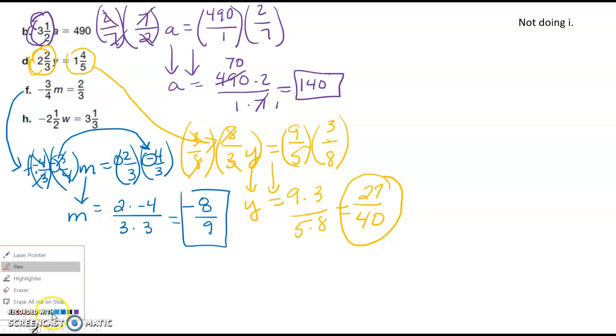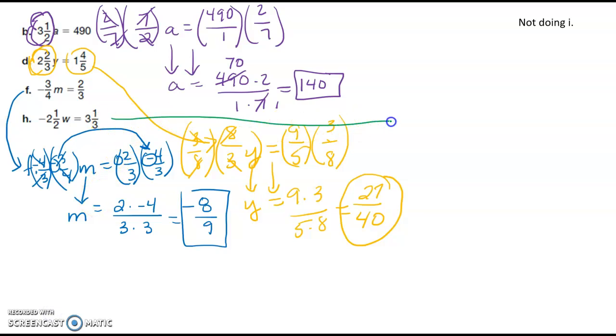Okay, let's do this last one. H. Let's go over here. Follow the green line, please. And when I do my -2.5, 3 1/3, when I do my popcorn, I'm going to popcorn with a negative number. So 2 times -2 is -4.